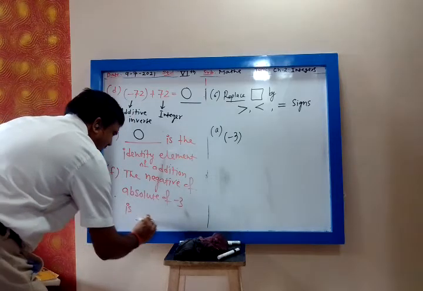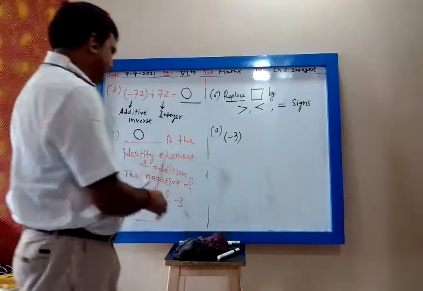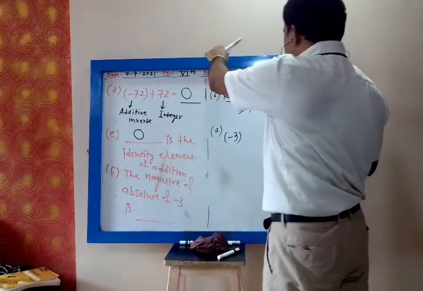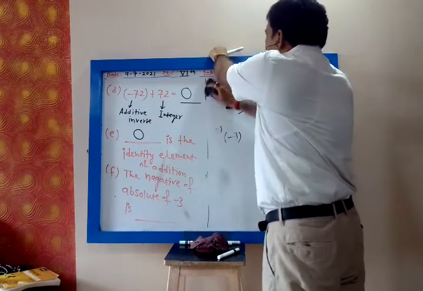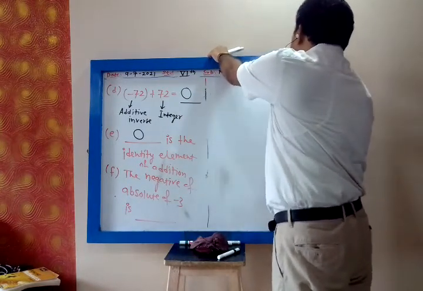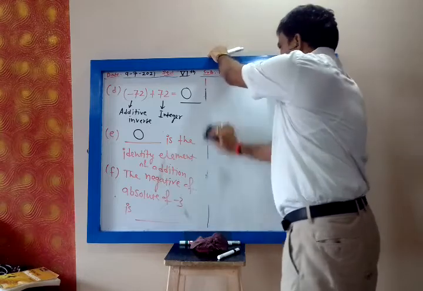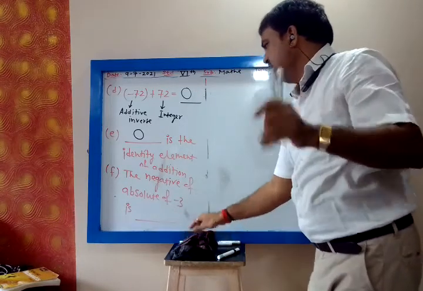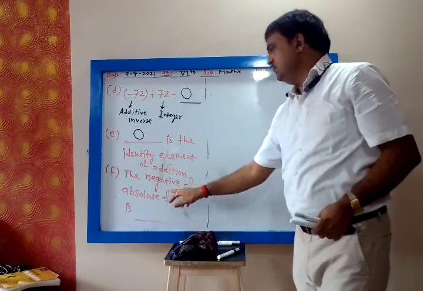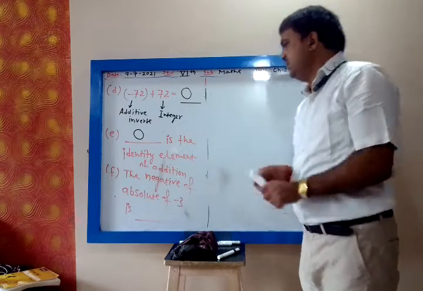Wait, no, my dear. You write down the negative of absolute of. I have written A plus 0. A plus 0 is equal to A. Wait, my dear. The negative of absolute of -3.